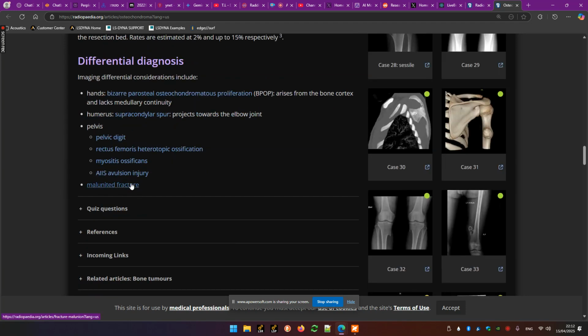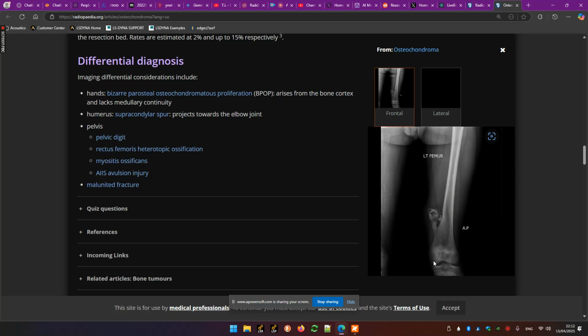There is a differential. You can see avulsion fracture, myositis ossificans, which is ossification in the area of the muscles after trauma. You can see a stalk and a cap away from the adjacent cartilage. We saw rectus femoris heterotopic ossification, ossification in the rectus femoris.